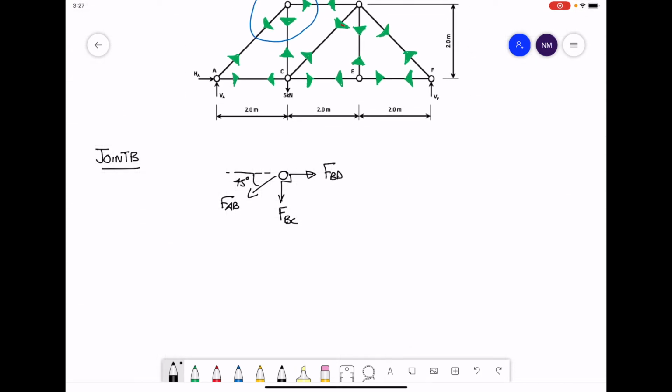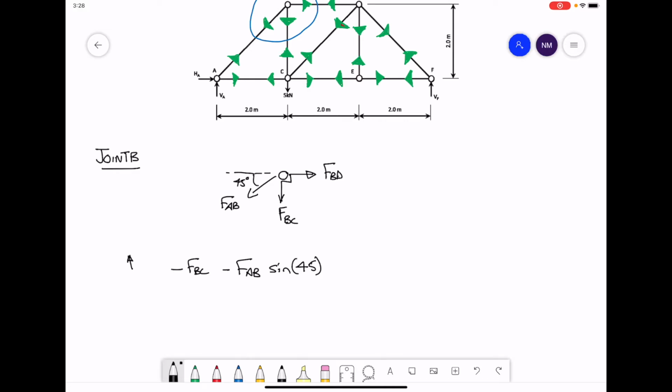Then we're going to resolve the forces vertically, first of all. Remember the notation, upwards forces are positive, downward forces are negative. So we have minus force BC minus force AB times the sine of the angle, 45 degrees.